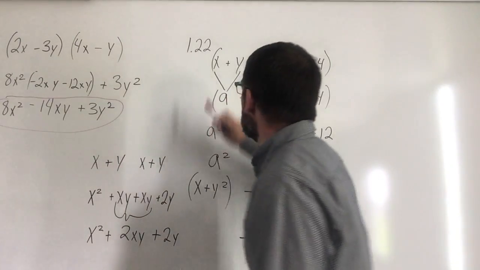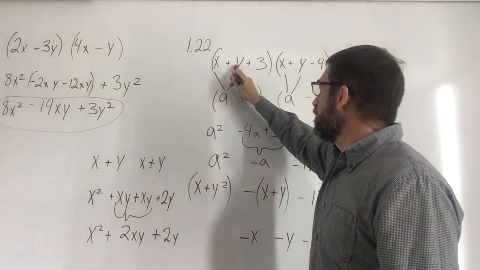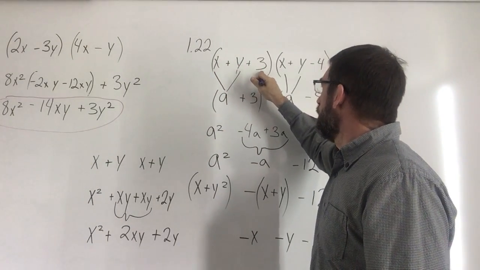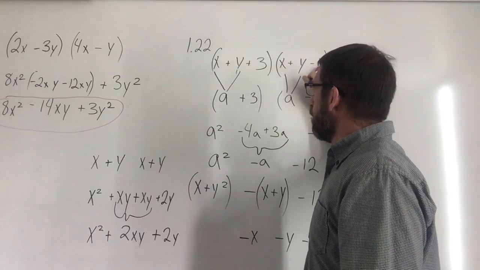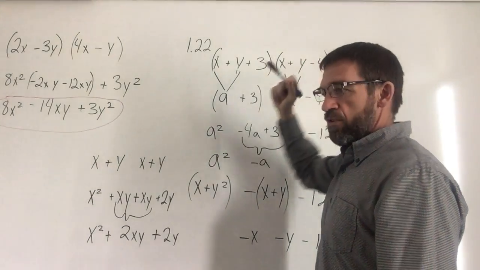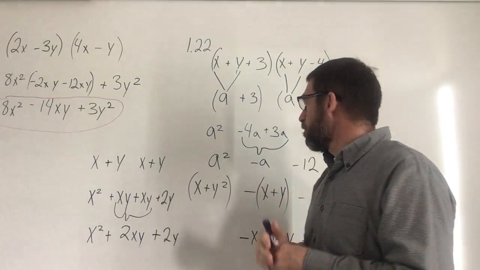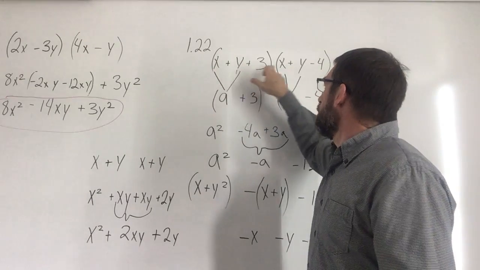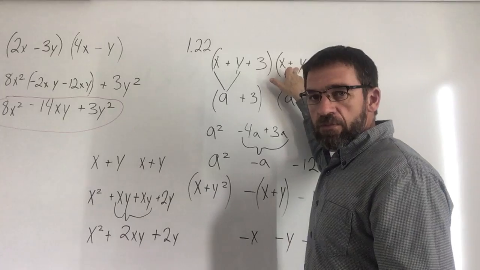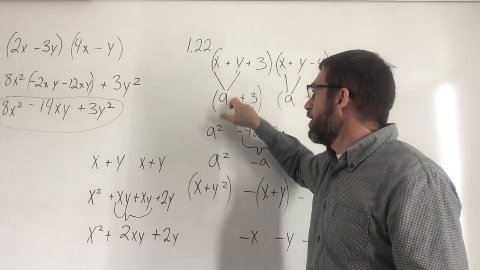Okay, you have a trinomial. You have x plus y plus 3, and multiply x plus y negative 4. On the bottom of page 4, it shows you that you substitute a number. The x and the y are the same, so we're going to substitute a for x and y.